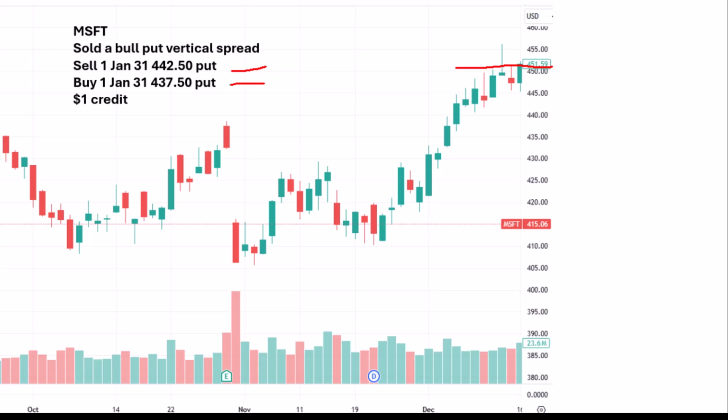If you just sell the 442 and a half put, you are going to do that cash secured, but you are going to have full downside to Microsoft below that strike price, minus the credit that you receive for that. Now, buying that lower put is going to really reduce the amount of the credit that you get versus just selling that 442 and a half put, but you're getting something extremely important.